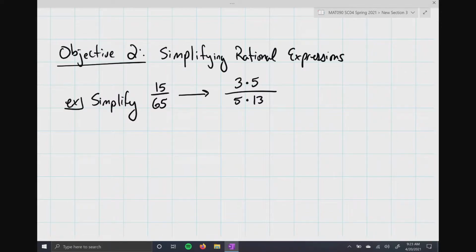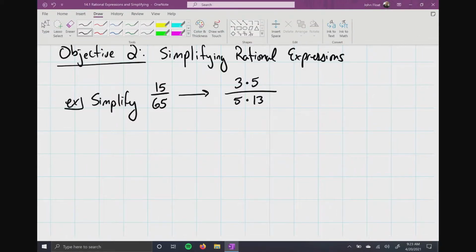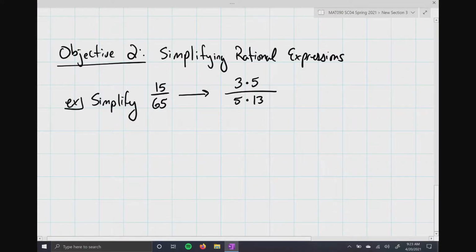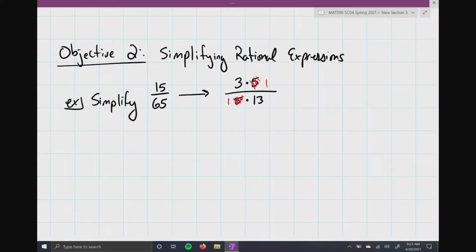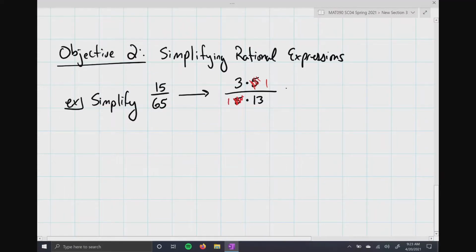So here I factored the numbers. Now I can see that the 5 in the numerator and the 5 in the denominator will reduce. So that turns into a 1. That turns into a 1. And I get a final result of 3 over 13. So I just factored a rational expression.